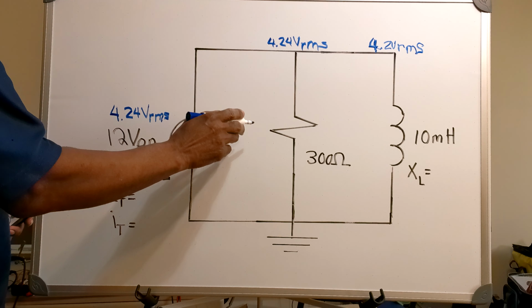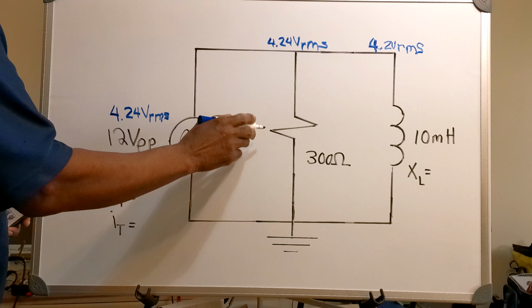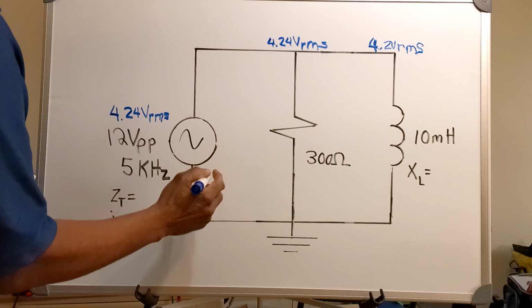Now I'm going to find my current that I have flowing through my 300 ohm resistor.